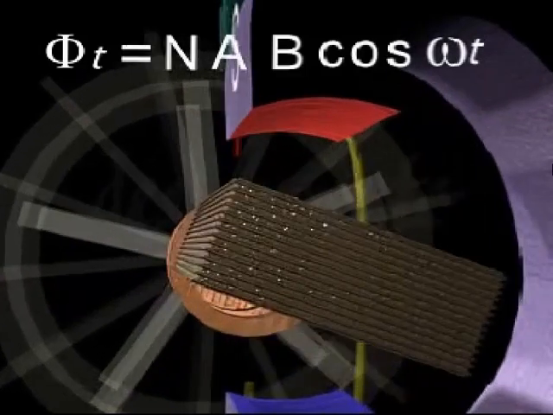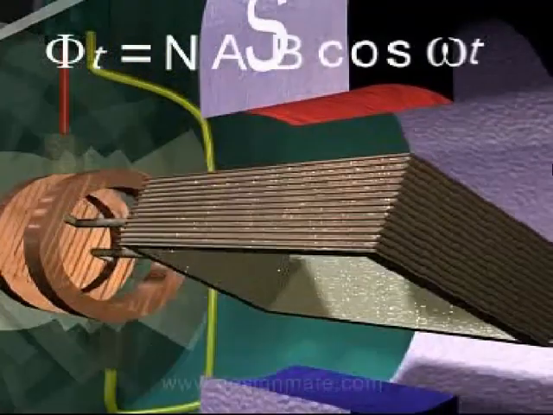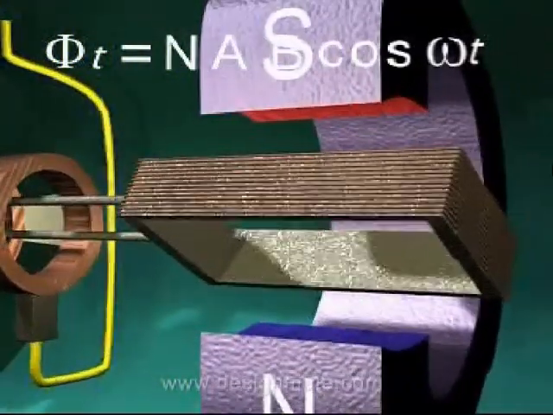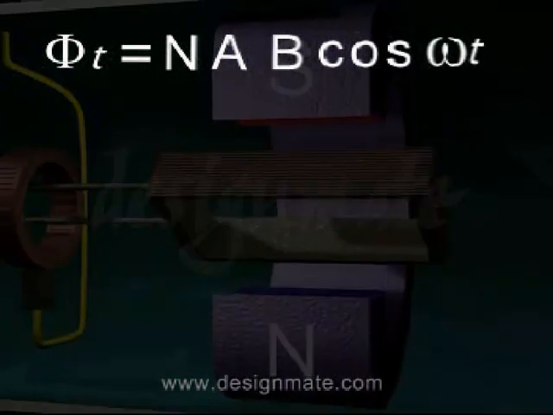As the coil is continuously rotating, the flux linked with it goes on changing with time t according to the equation.